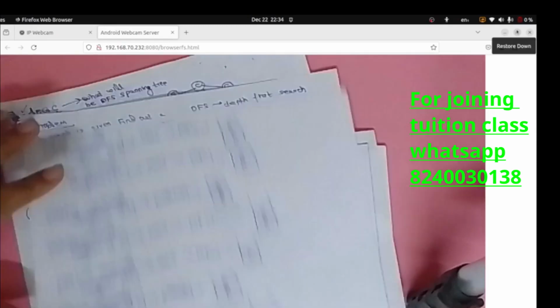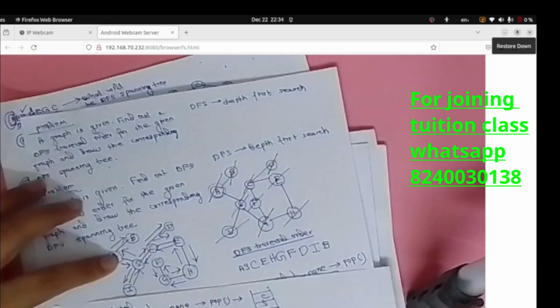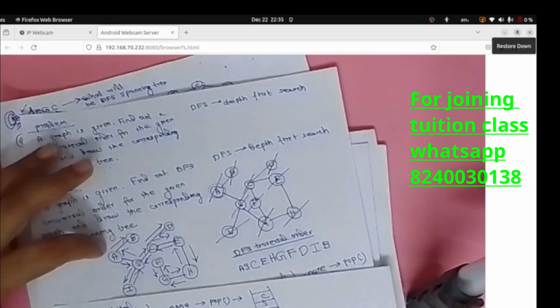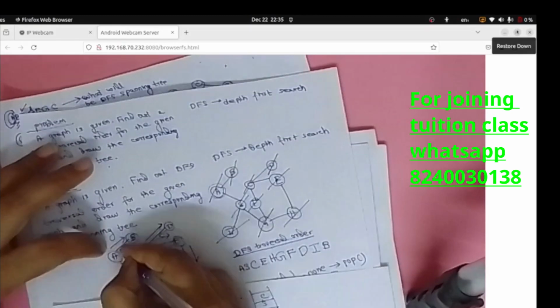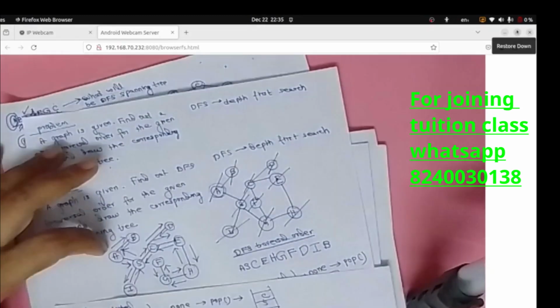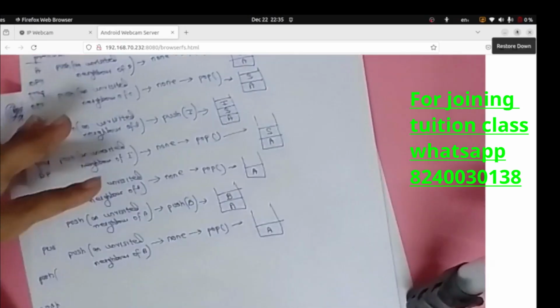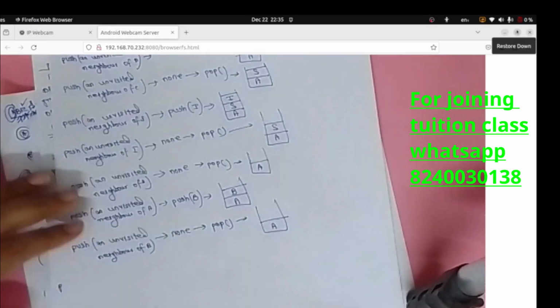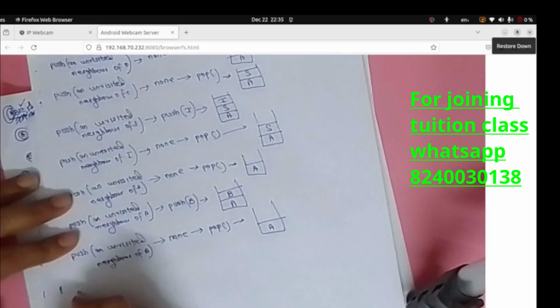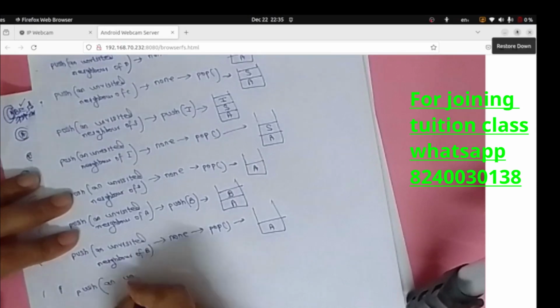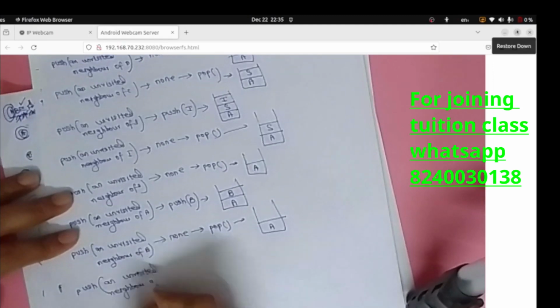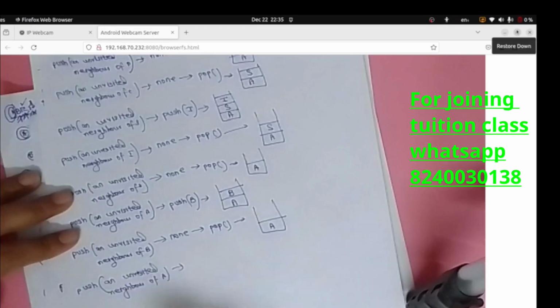So in this first spanning tree, the current vertex was B, and now we will backtrack to the previous vertex, which is A. So there is a backtrack movement from B to A. Now the operation will be related to the topmost element of the stack, which is A. So the operation will be push an unvisited member of A. See the graph here.